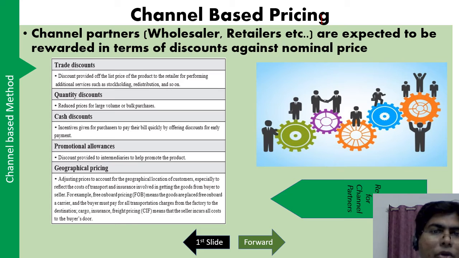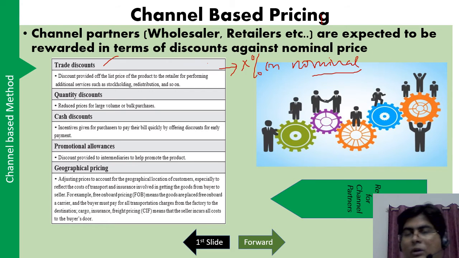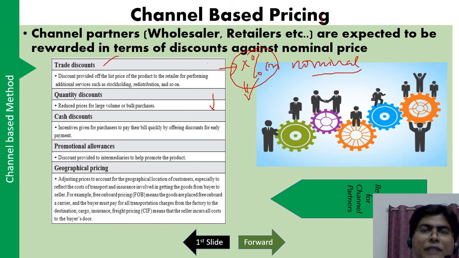First is a trade discount. You charge them X% off nominal prices, which can be wholesaler discounts or retailer discounts. So this discount is their margin. For lifting a higher volume, you can provide them prices lower than the normal price.